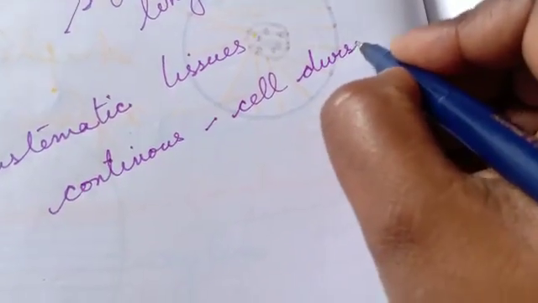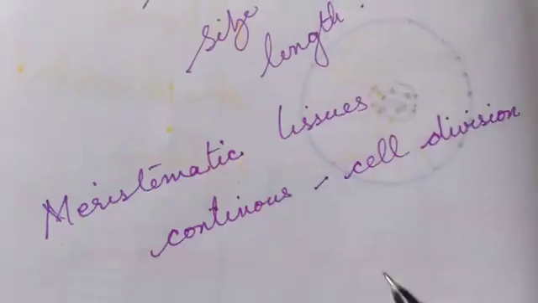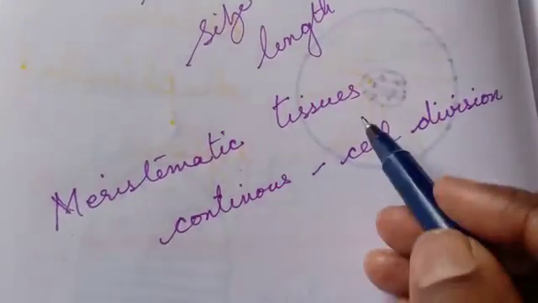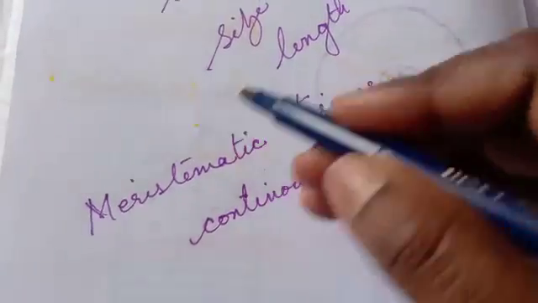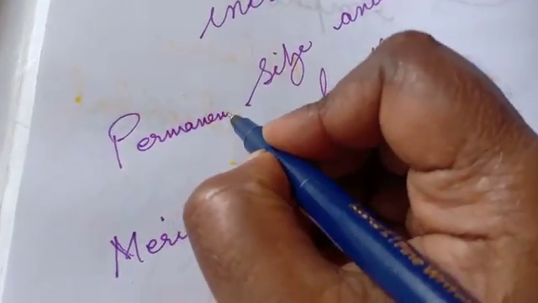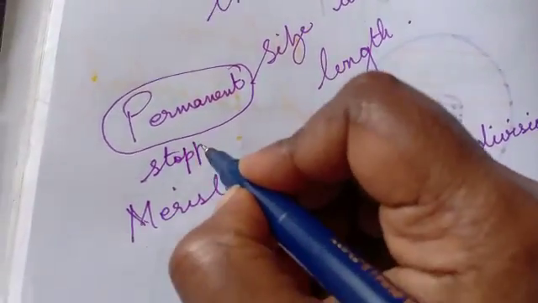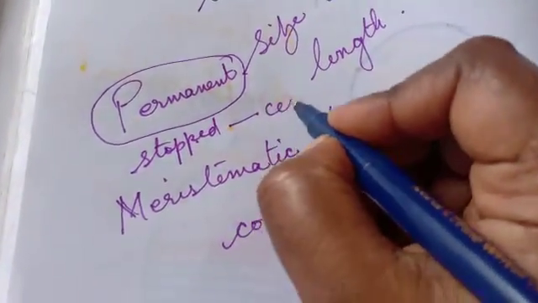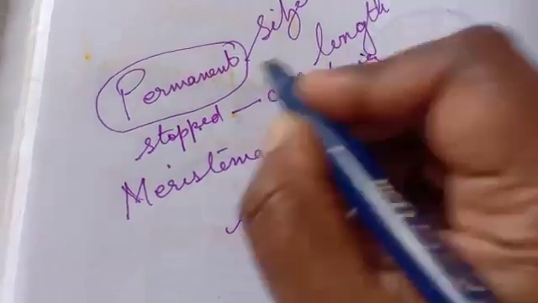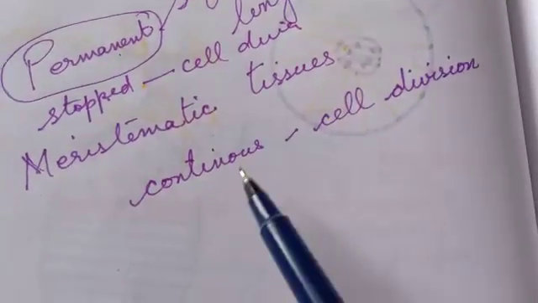They keep on dividing their cells, which we call meristematic tissue. Just opposite to it is the permanent tissue. These permanent tissues are those which have stopped cell division. They don't undergo cell division.